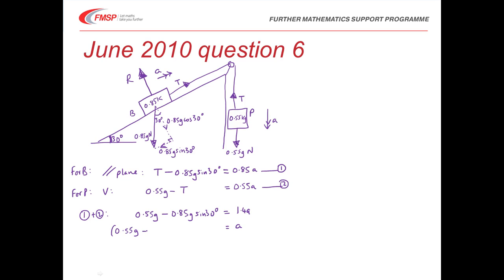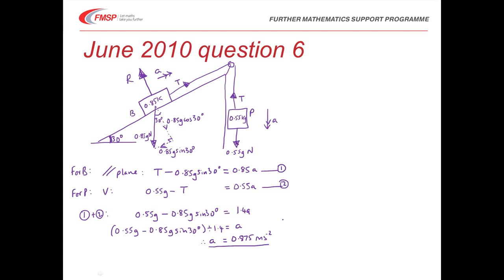Of course, G is 9.8, so I know that. 0.85 G sine 30. Sine 30 is 0.5, so this might come up with quite a tidy answer. Divided by 1.4. And in fact, we find out from this that A is exactly 0.875 meters per second squared. That's a tidy, exact value for later use.